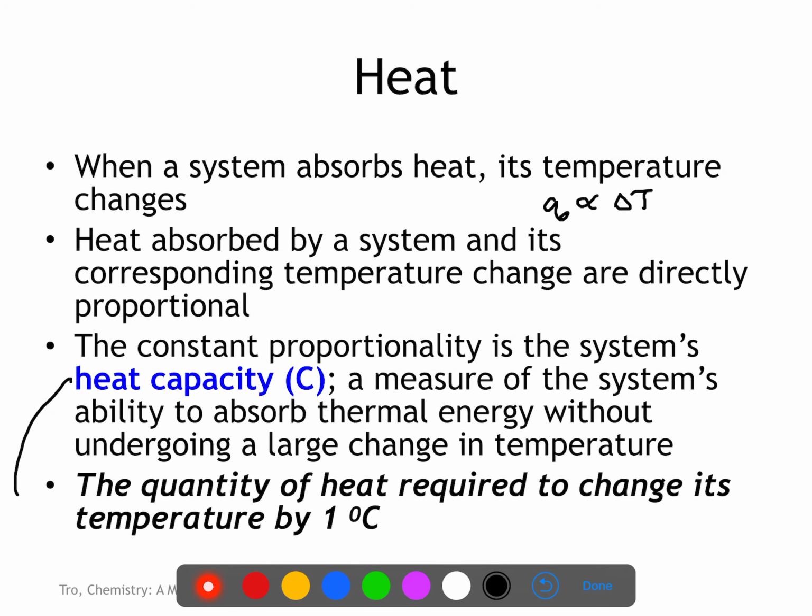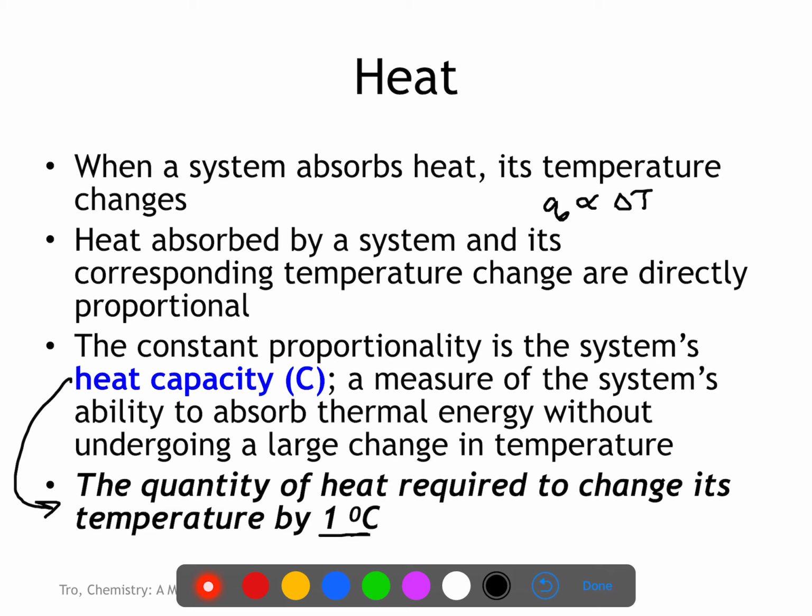So we say that the heat capacity is the quantity of heat required to change a substance's temperature by 1 degree Celsius, a really small change in temperature. That's why it's really good to use as a constant, because these values have been found for different substances for just 1 degree Celsius of temperature change.